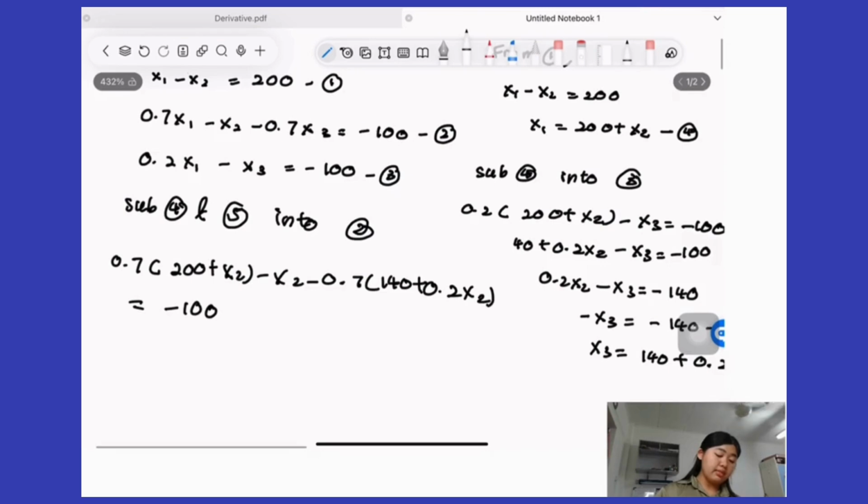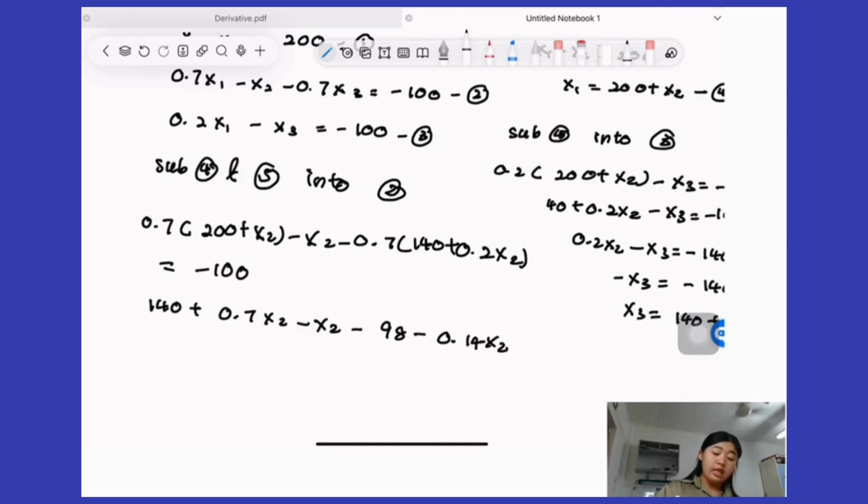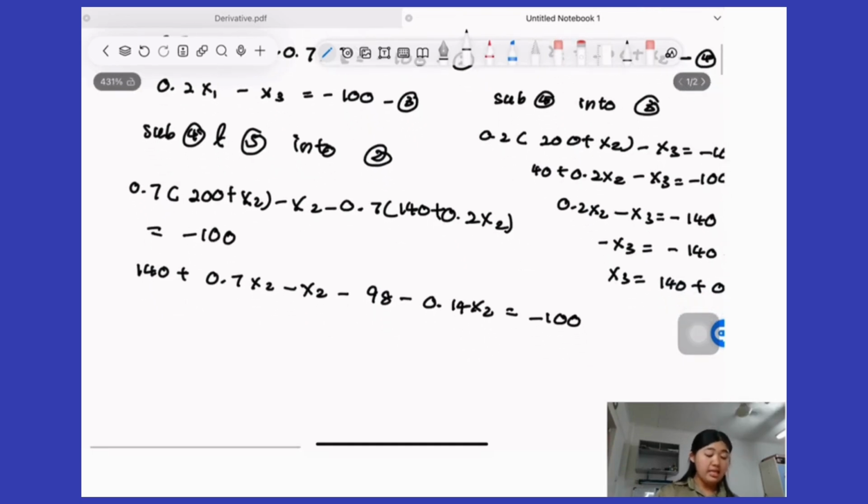Now we are going to simplify it. 0.7 times 200 will be 140, plus 0.7x2 minus x2 minus 98 minus 0.14x2 equal to negative 100. So now we simplify it again.